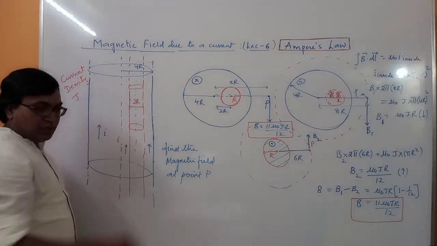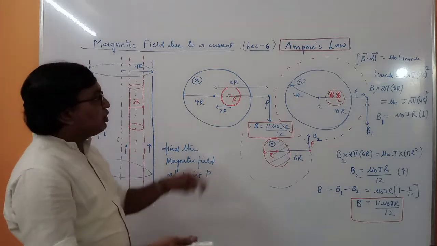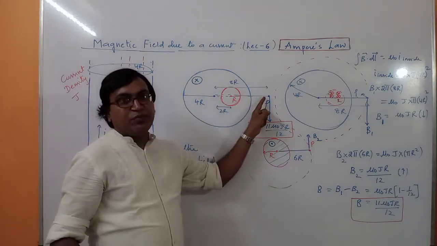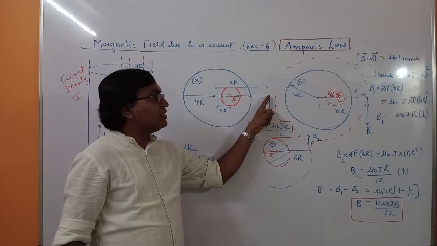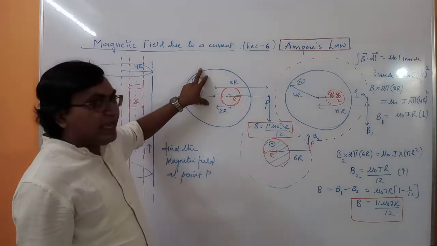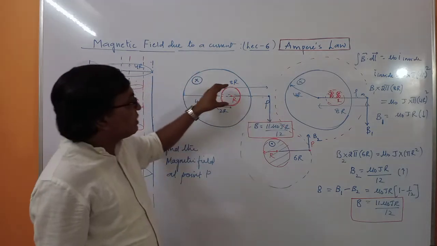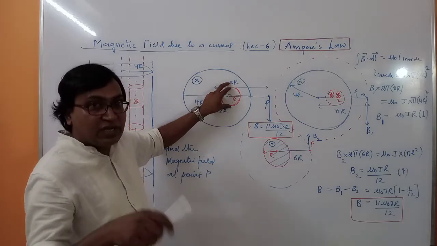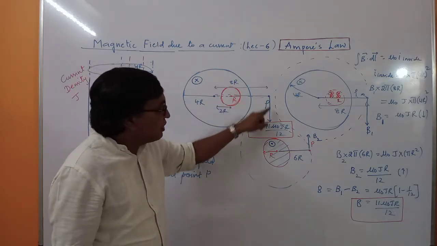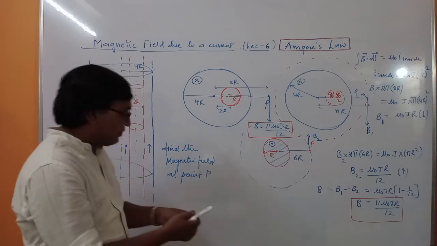So here the magnetic field for both the wires is at an outside point. We are finding the magnetic field at an outside point. For this wire also it is an outside point.